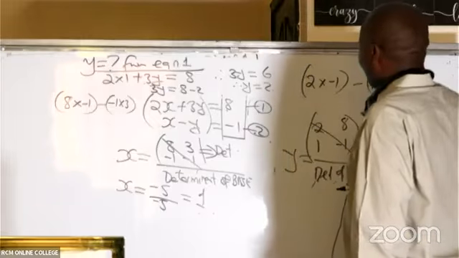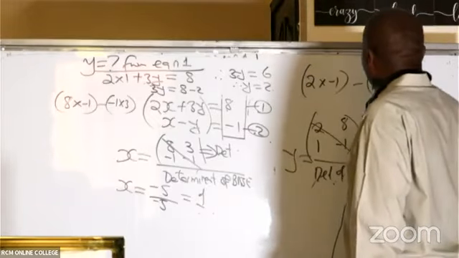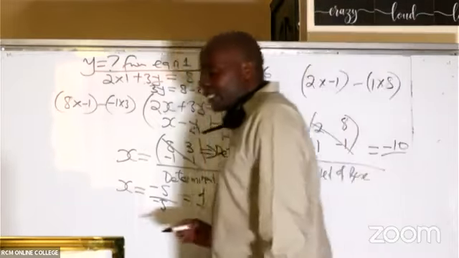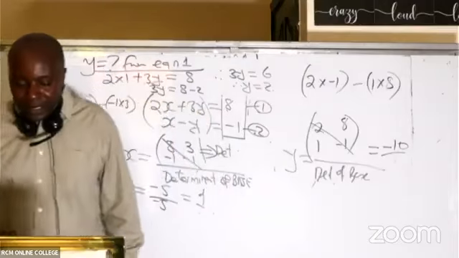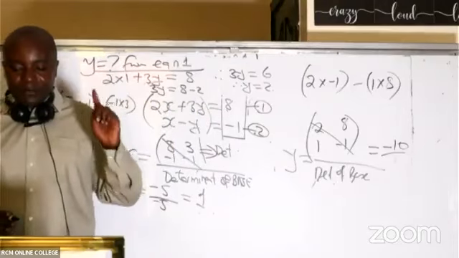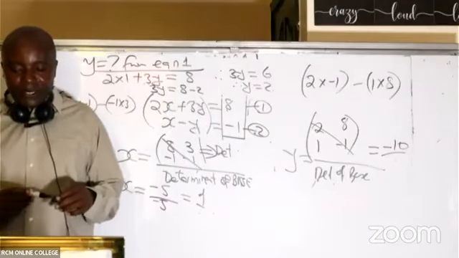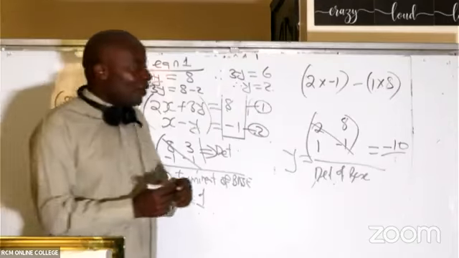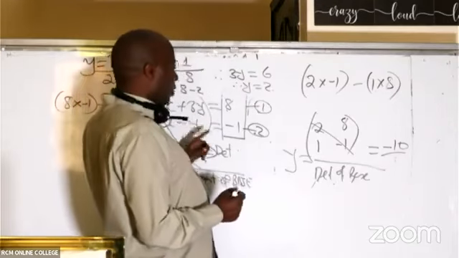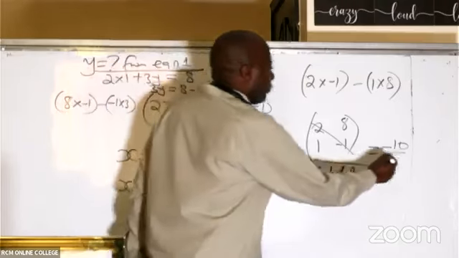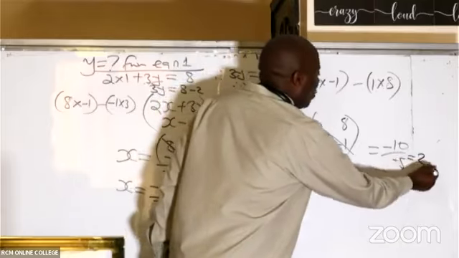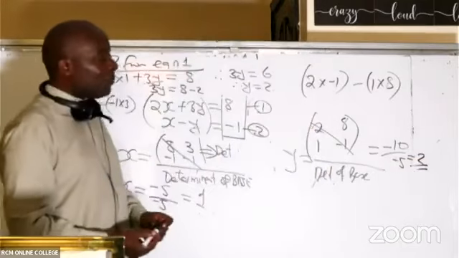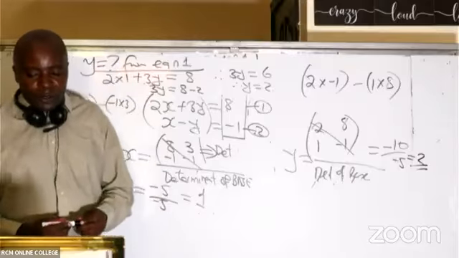Which will end up giving me negative 10, divided by, is there somebody who can remind us the determinant of the base? Determinant of the base is negative 5. We had gotten the base here. So then this will end up giving me 2.